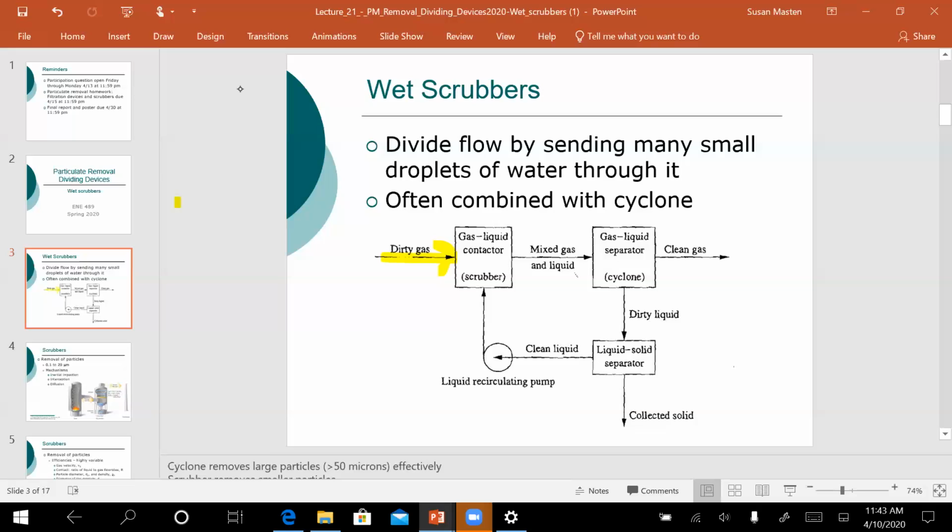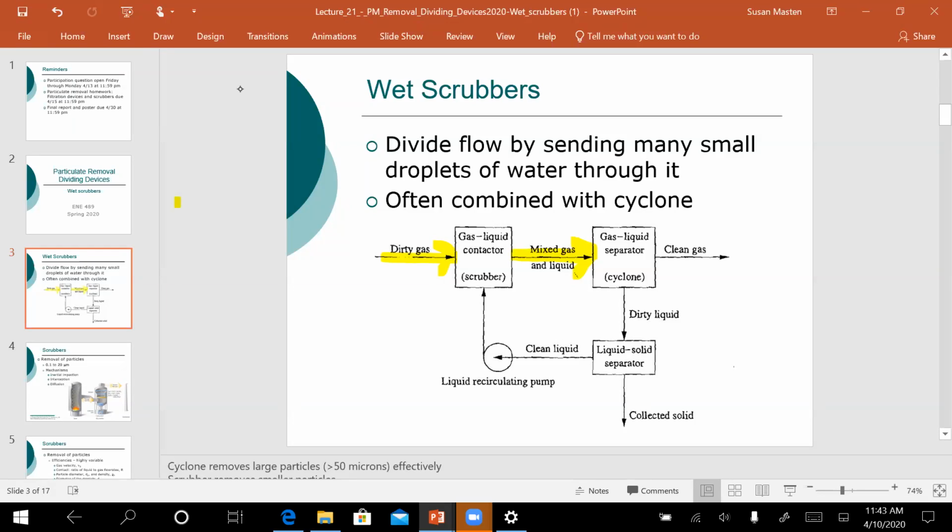Now, the way that this is set up is it separates out the contactor and the separator. These actually can be combined into one unit. But what you then have is a gas separator, in this case shown as a cyclone. What you're trying to do here is separate the liquid droplets from the gas itself.